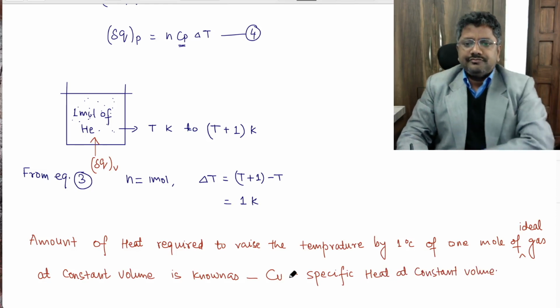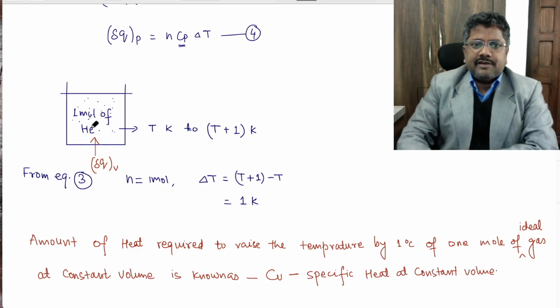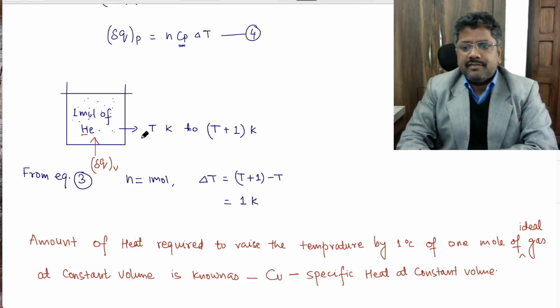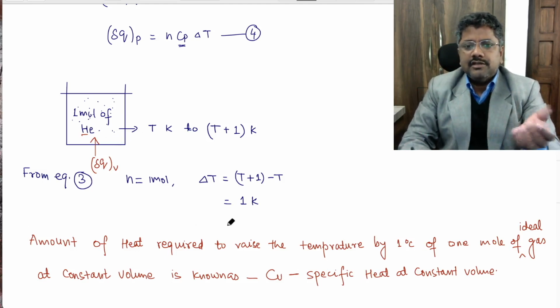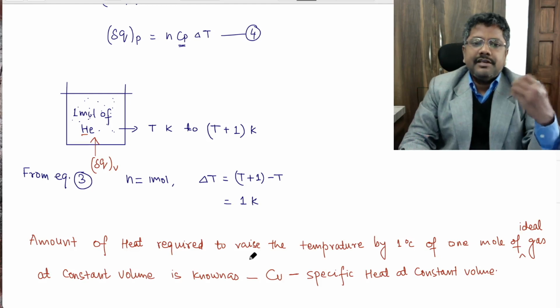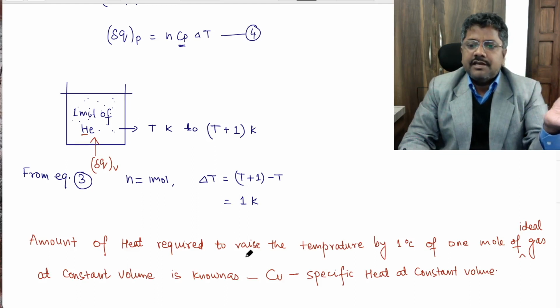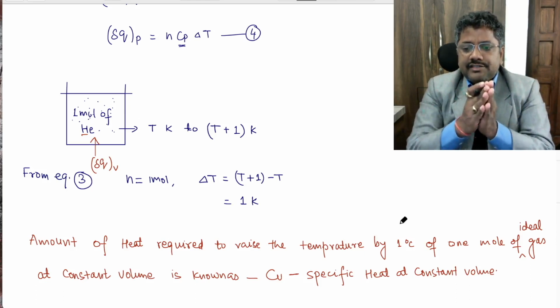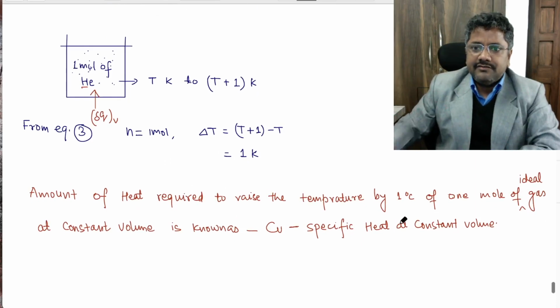And you know why I have specified this helium here? In place of helium, if you take hydrogen, different heat is required, means CV is different for that. If you take nitrogen, then a different heat is required, means CV depends on the nature of the gas. If volume is constant and everything is fixed, then CV will change with the nature of the gas, means the magnitude of CV.